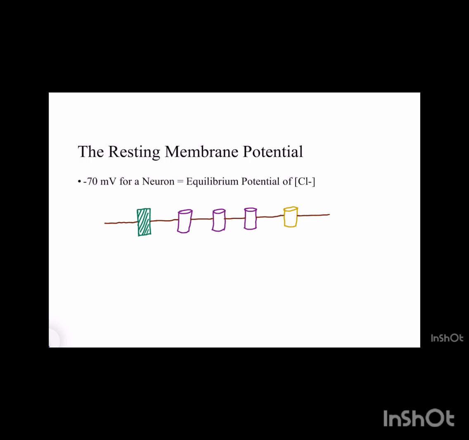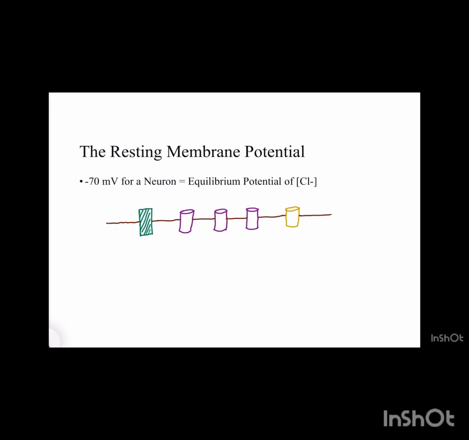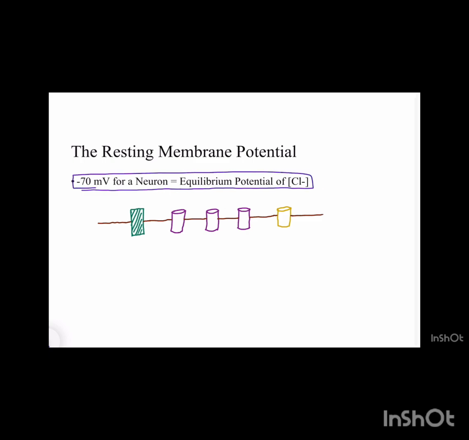Now, if you remember, we studied that minus 70 millivolt is the resting membrane potential of a neuron, and that is equal to the equilibrium potential of chloride. What do I mean? This means that at a particular potential, the amount of chloride that will go outside the cell or will cross the membrane to one side will be equal to the amount of chloride that will enter the cell.